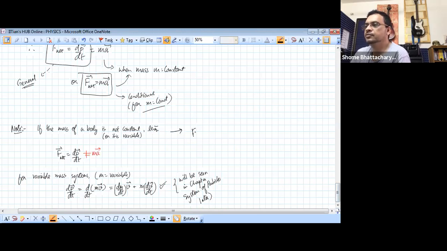So example of variable mass system is a rocket system. It ejects mass in the form of burning fuel.